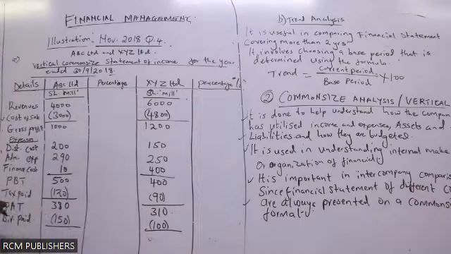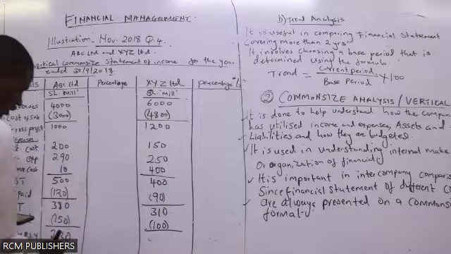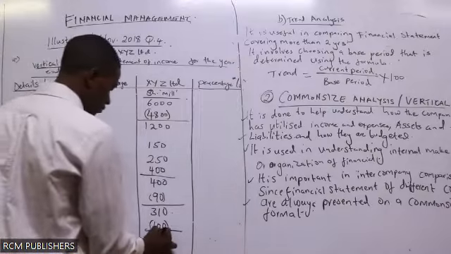So this one remains to have retained profit for the year. Profit for the year. For you, just write the full of it. 230. Then we have 210.